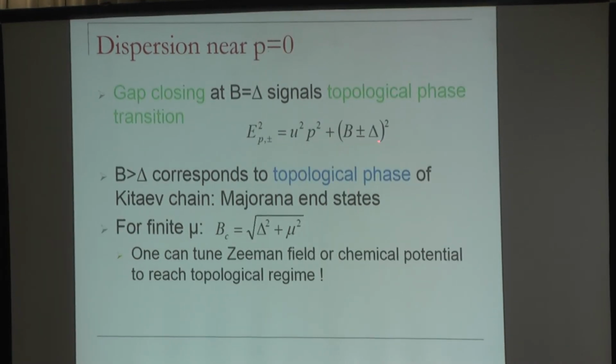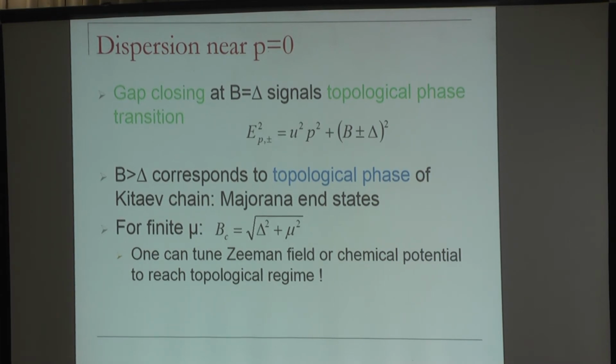And then the rest is just b plus minus delta squared. And the interesting point is again the minus sign. This gives you the lower energy, and you see that b minus delta squared can vanish exactly at the phase transition when you have b equal to delta and p equal to 0, the gap closes. Yeah? So that's exactly this vanishing of the gap at b equal to delta.